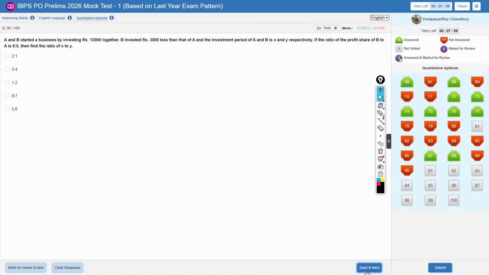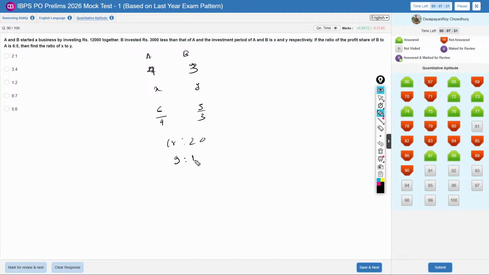Invested, skip. Started a business. Okay. So 12, 9, A, B. Now X, Y plus 4, 3. So the profit ratio, this 18, 20.